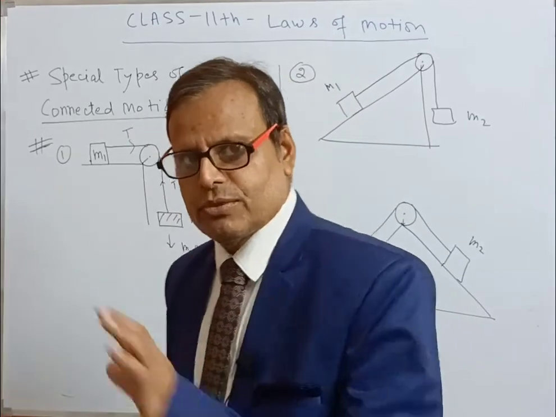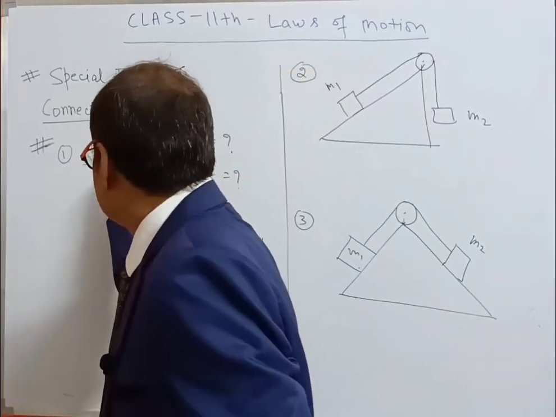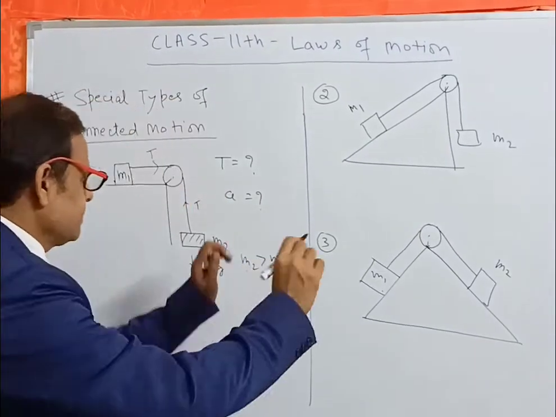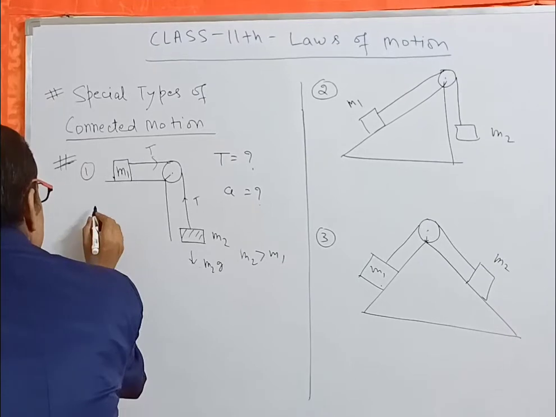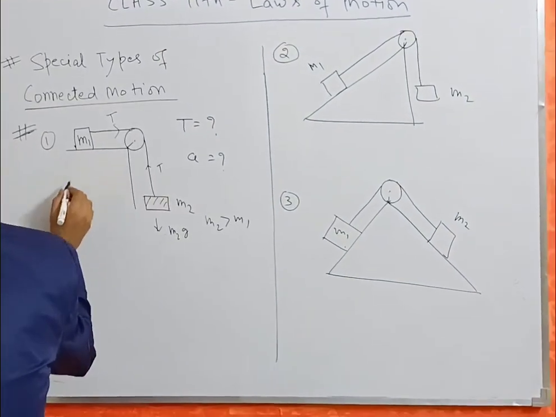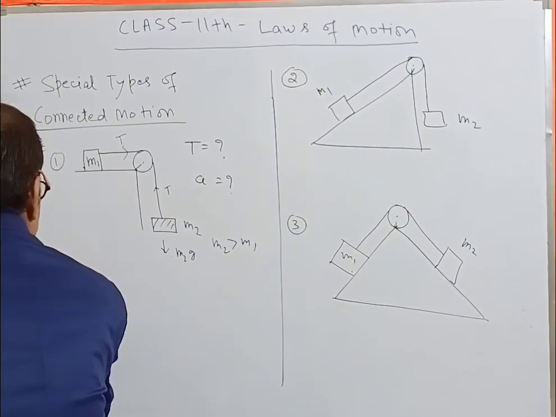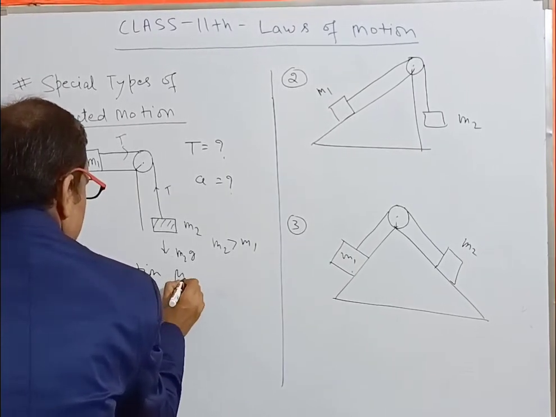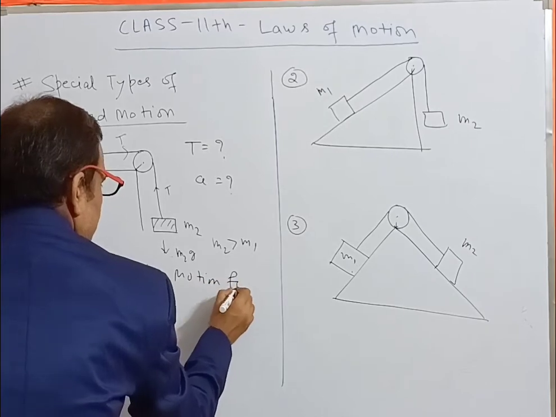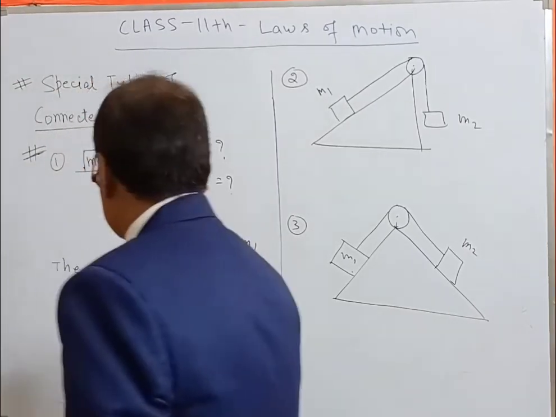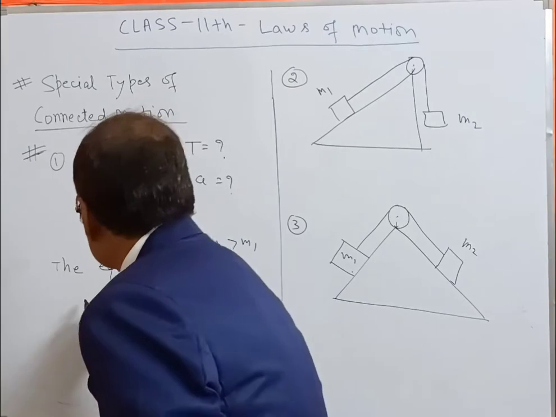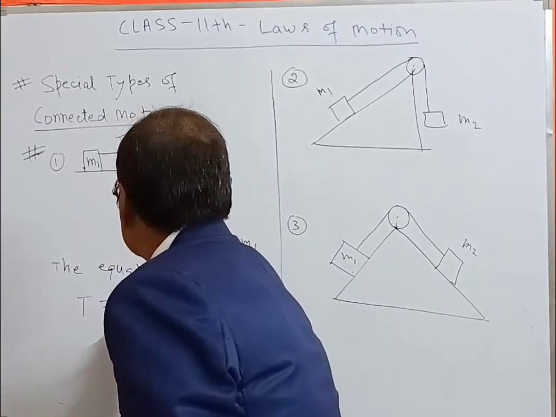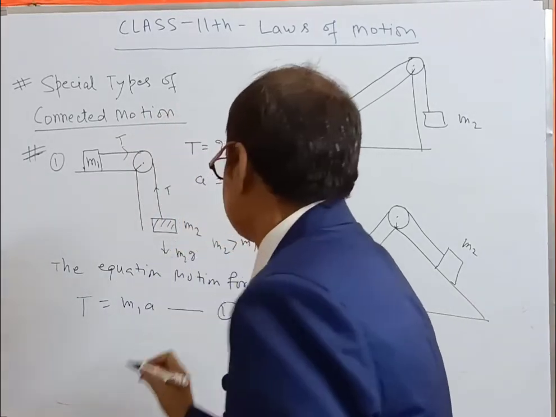The equation of motion for each mass can be written here. The equation of motion for M1: T is equal to M1 into A, the acceleration.